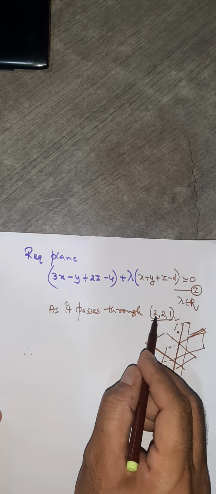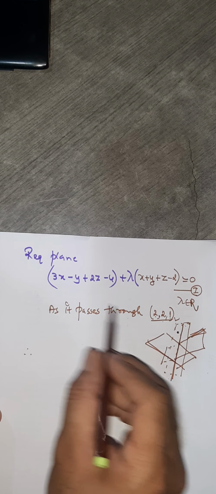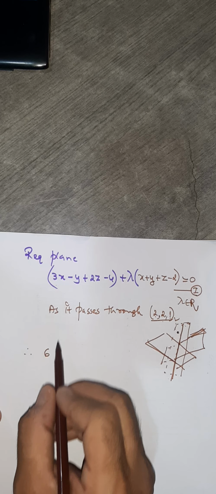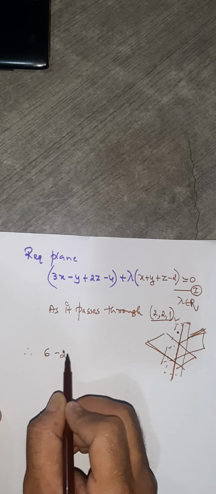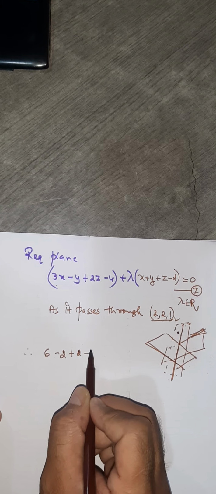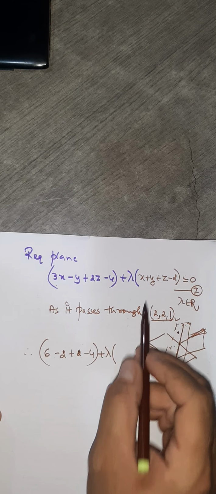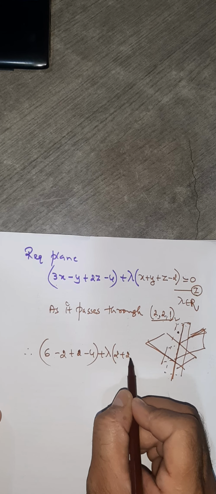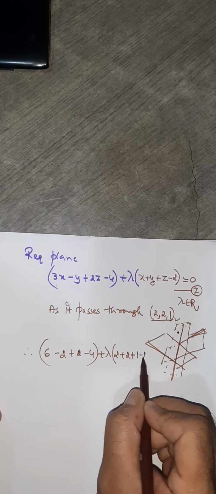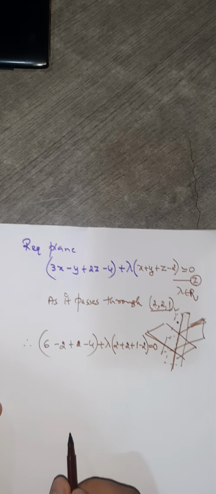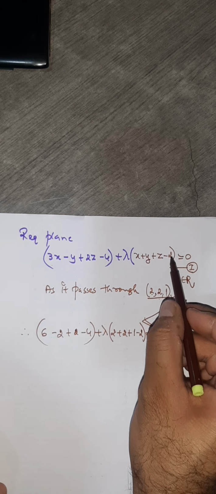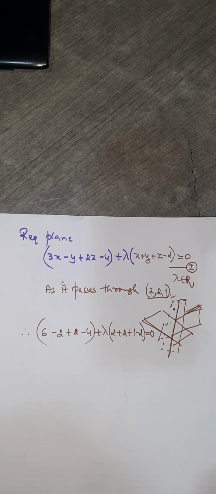So the coordinates of this satisfy this equation. Therefore, instead of x, y, and z, you are going to place these values. So here 6 minus 2 plus 2 minus 4, plus lambda into, what is this? 2 plus 2 plus 1 minus 2, equals 0. So from this, what will we get? Lambda. And then we put it in equation number 1.